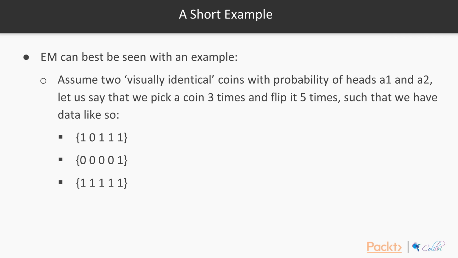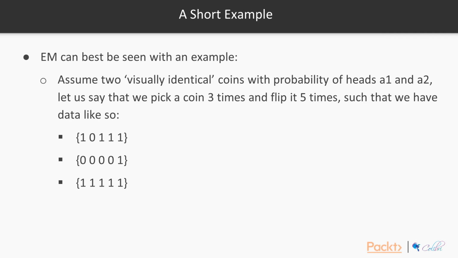So what we do is we pick two initial guesses at the values of A1 and A2, and then for each set of trials, so for each one of these, we compute the likelihood for the trials. So this would just be half times the number of trues, 1 minus half the number of falses.